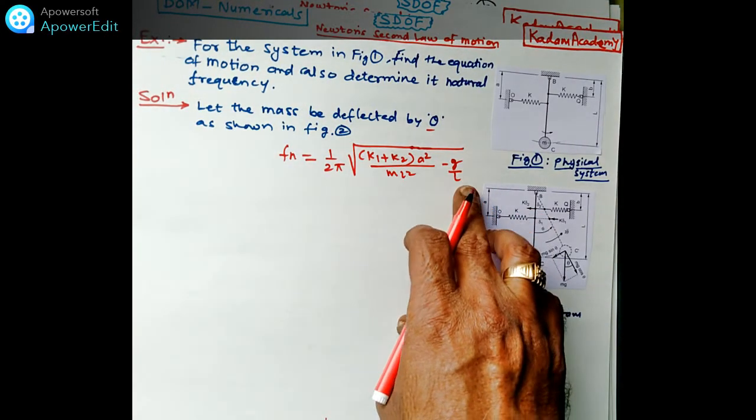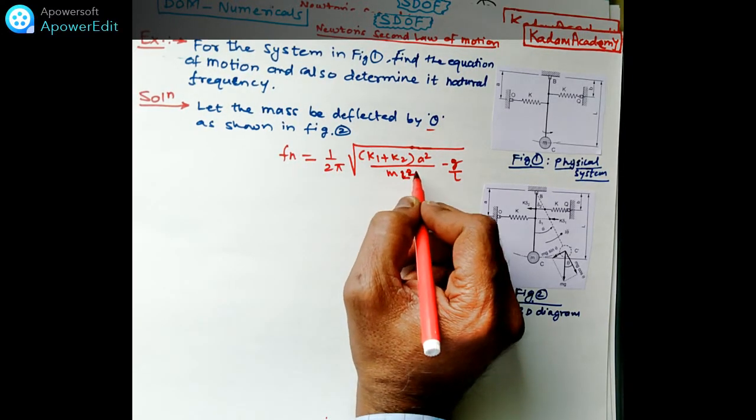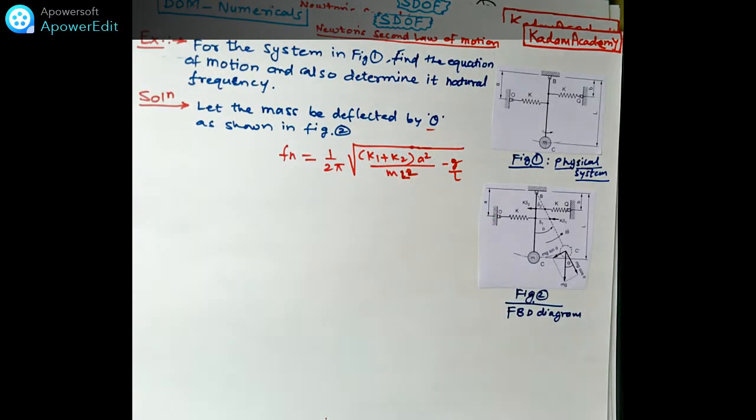G is the gravity, L is the distance, this is also L, its square, A square, and this is the answer we get after solving this equation.